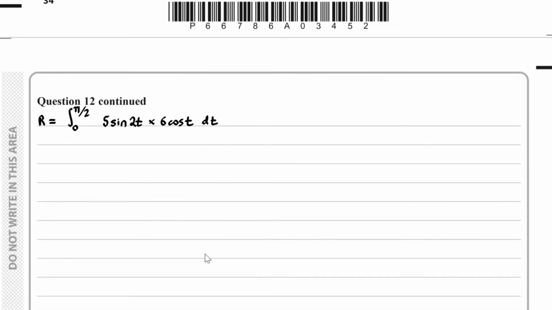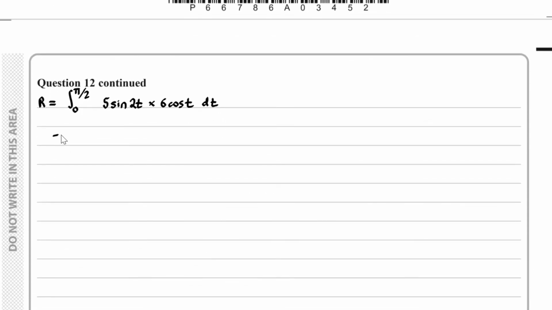So, what we can see here, 5 times 6, that's 30. So we have the integral from 0 to pi over 2 of 30 sine 2t cos t dt.